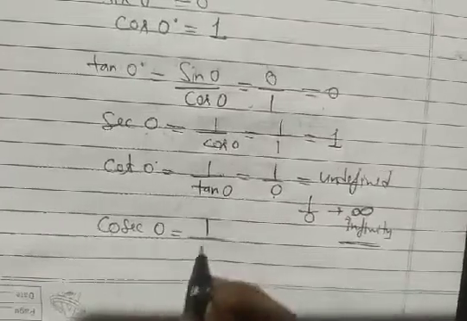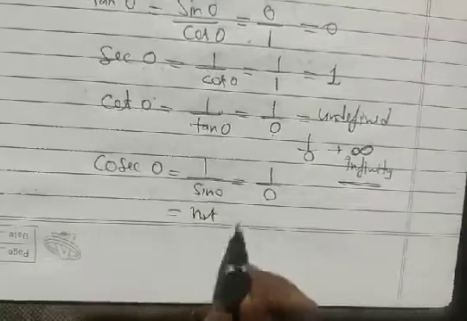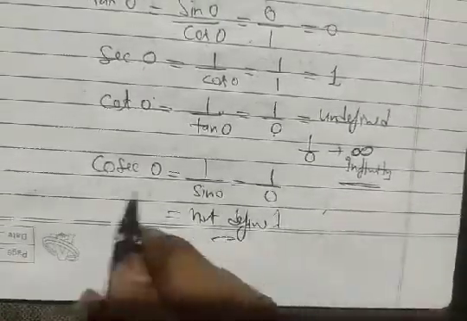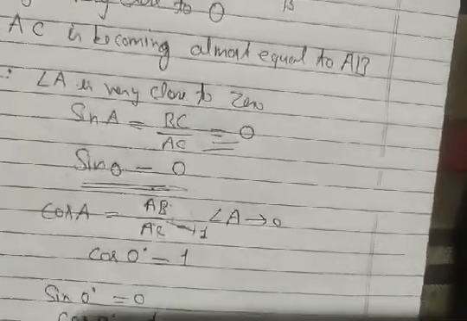We get infinity here. Now, what about cosec 0? It's also 1 upon sin 0. Again, the value of sin 0 is equal to 0. Then cosec 0 is also not defined here, means the value of cosec 0 is also infinity. What do we get here in the t ratios of 0?